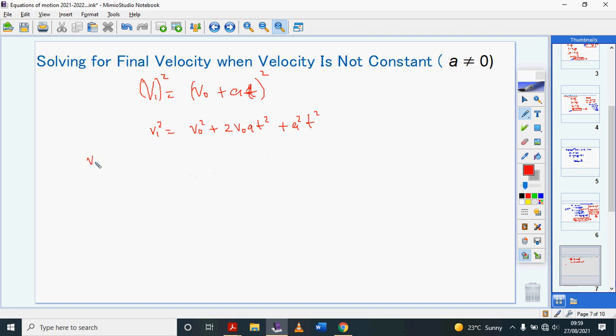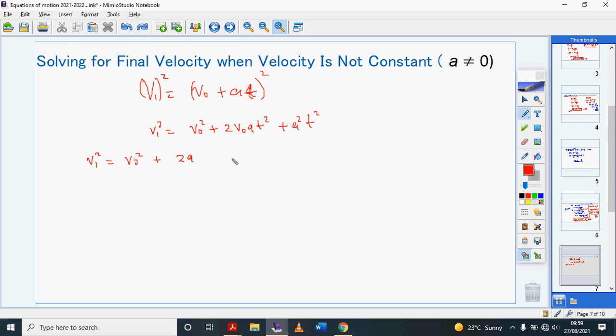So what I have is v1 squared equals v0 squared plus, I'm going to take out some like terms. I'm going to take out 2 and a.